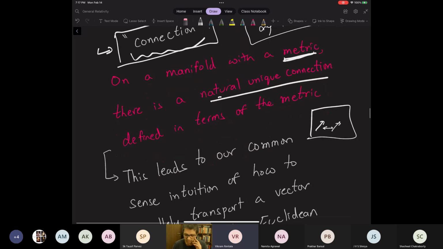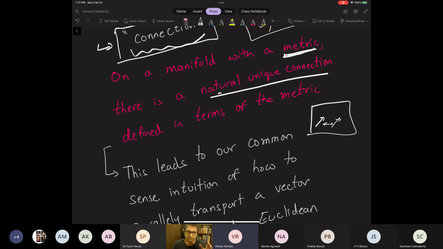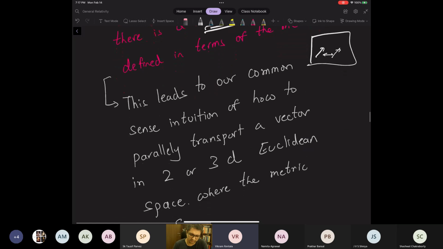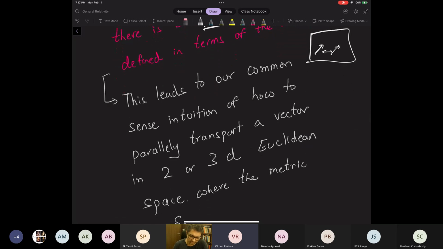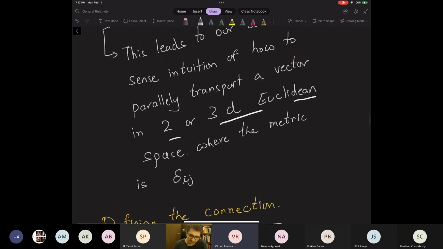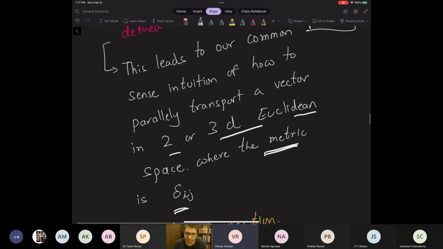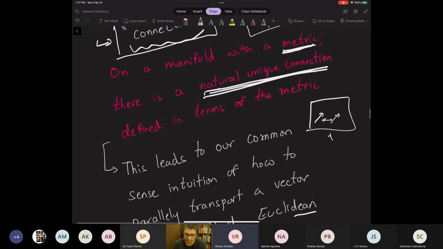This common sense intuition of parallel transport really relies on this unique choice of the rules for parallel transport. So parallelly transporting a vector in 2D or 3D Euclidean space relies on a specific metric. We'll see later how this rule follows from this metric.